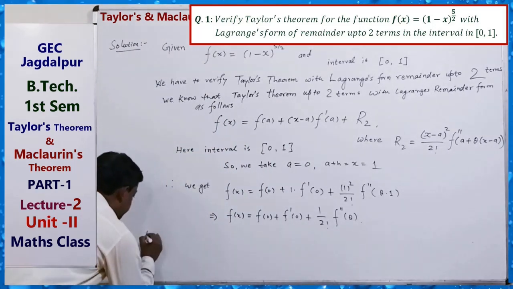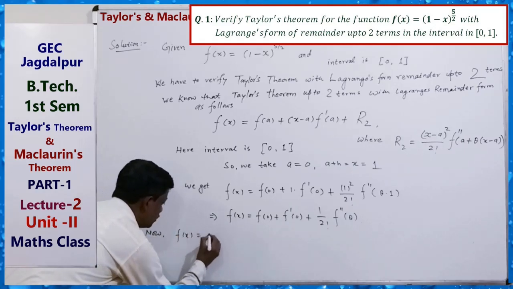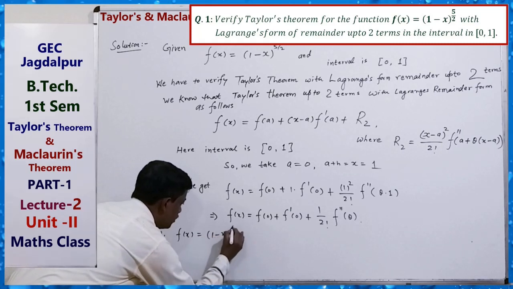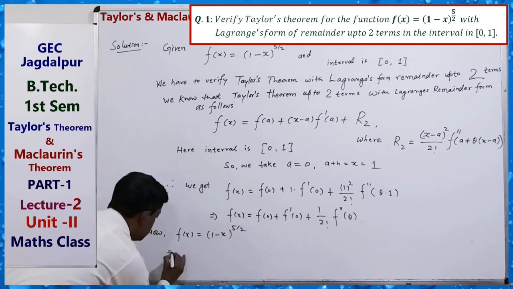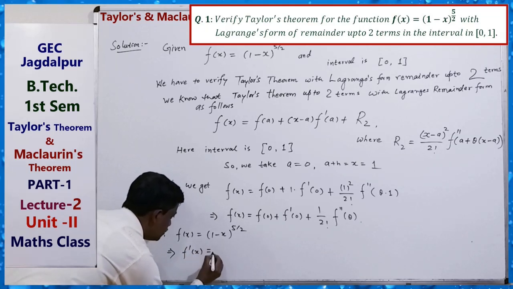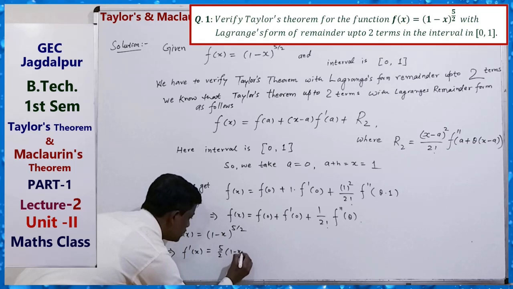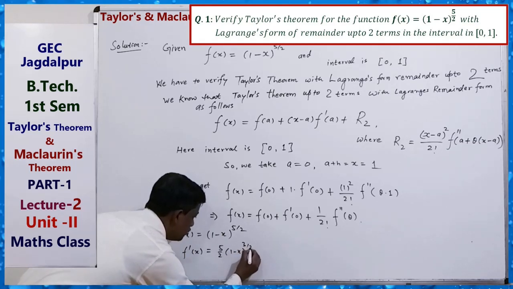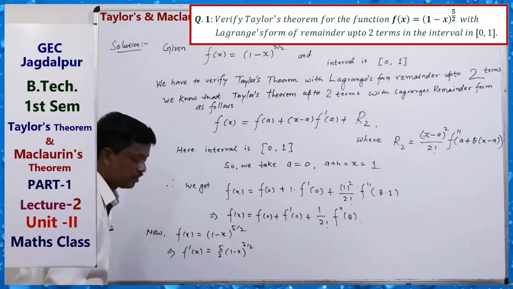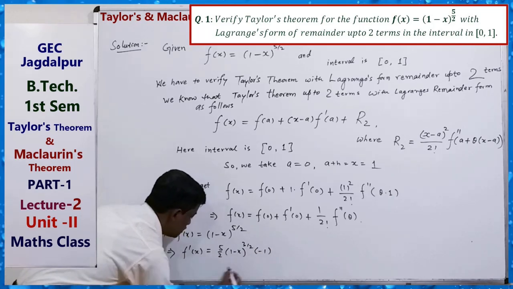Now f(x) equals 1 minus x to the power 5 by 2. Its derivative: f dash x equals minus 5 by 2 times 1 minus x to the power 3 by 2, with the minus sign.